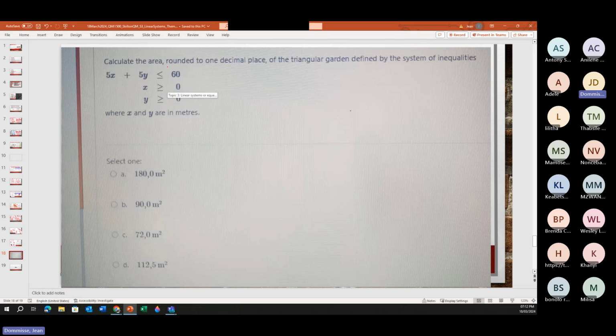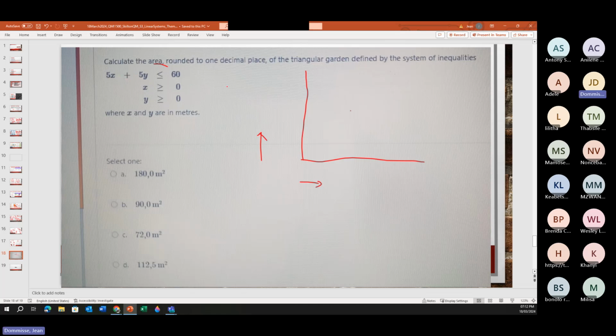So here they say, calculate the area rounded to 1 decimal of a triangular garden defined by the system of inequalities. Basically we've got this system of inequalities. X was bigger than or equal to 0, y was bigger than or equal to 0, so we know it's all sitting in this area.